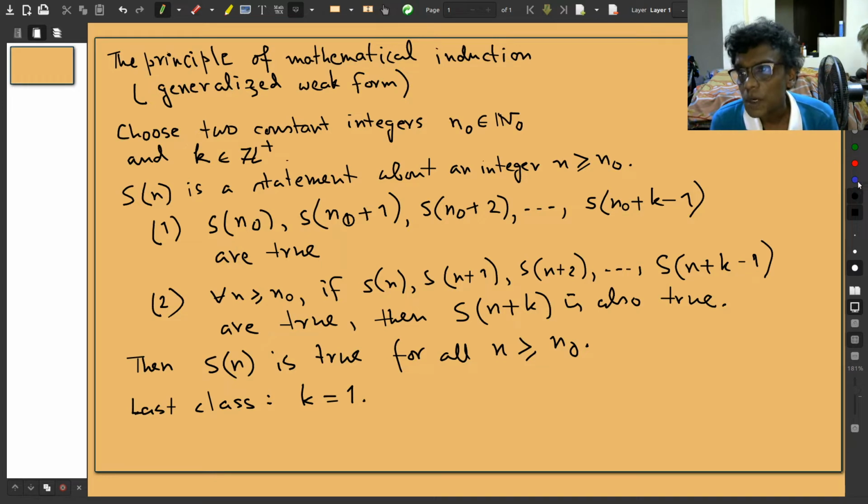I will not again prove the same thing. Proof, I leave it as an exercise. You may, for example, use the well-ordering principle.